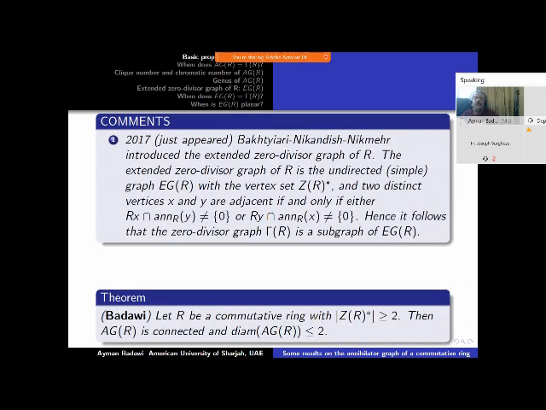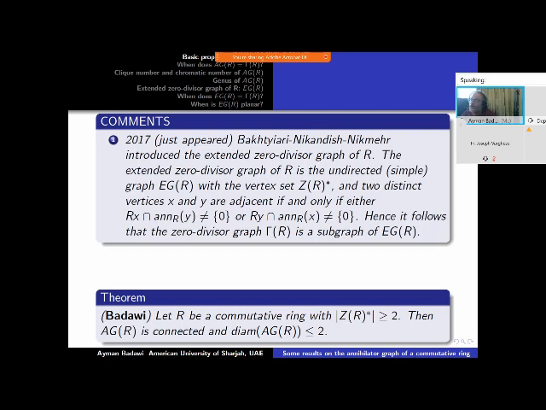Then in 2017, three Iranian mathematicians, I'm very sure they are Iranian, I have a problem pronouncing the names, Nikmehr and colleagues, introduced the extended zero divisor graph of R. What is the extended zero divisor graph?